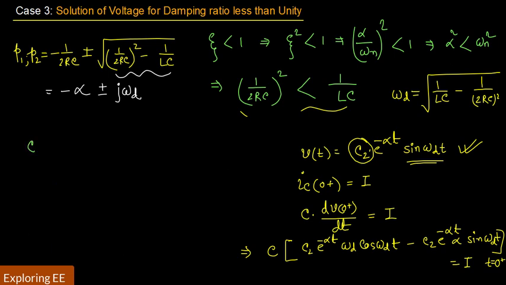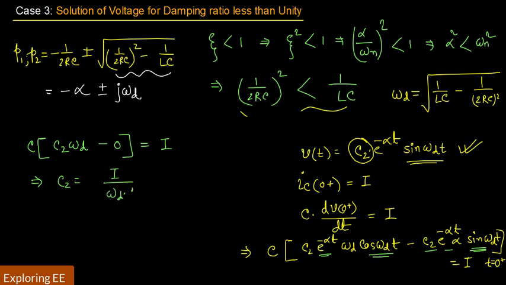So we have e to the power 0 equal to unity, cosine 0 is also unity, C2 into omega d minus C2 into sin of omega dt is 0, so the entire term becomes 0, equal to I. So C2 is coming out to be I upon omega d times of capacitance C.